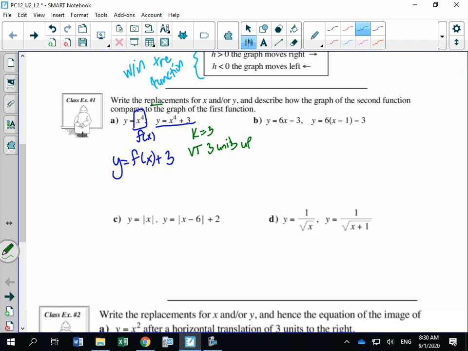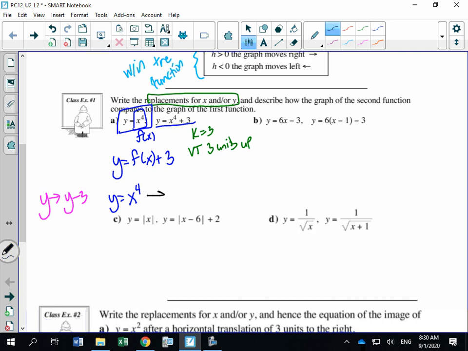Now, we're going to be doing something called replacement notation for x and y. We know that the k parameter affects the y, right? So what they're actually replacing is y with y minus 3. And I'll show you what I mean. You take your original function, so y is equal to x to the 4.